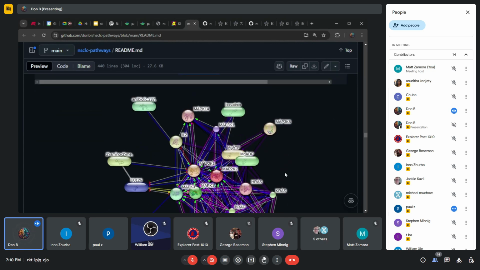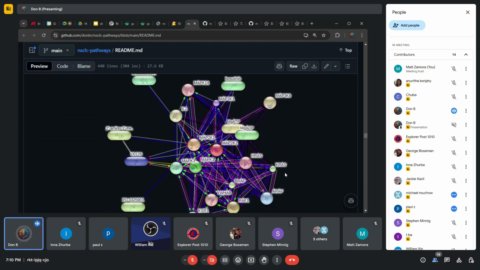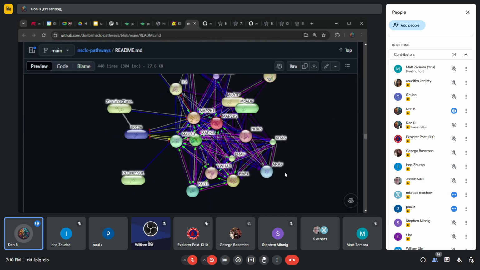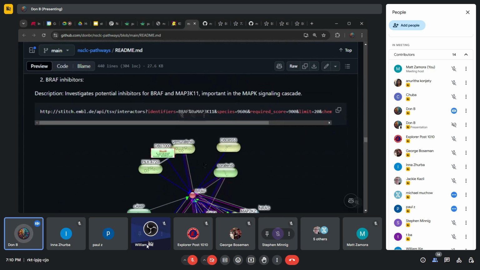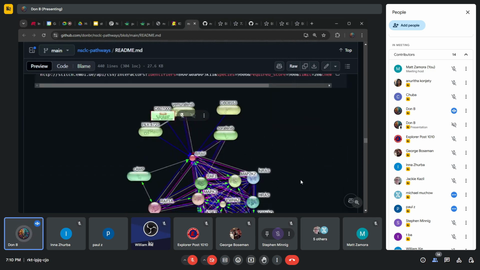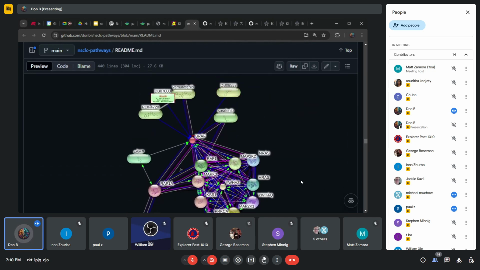Is there anything that people want to discuss about this? It's obviously essential in terms of inhibition type behavior. BRAF inhibitors, one of the interesting things with this one has to do with what I liked about STITCH in this context, which was how it brings the information close together, the research to the data.